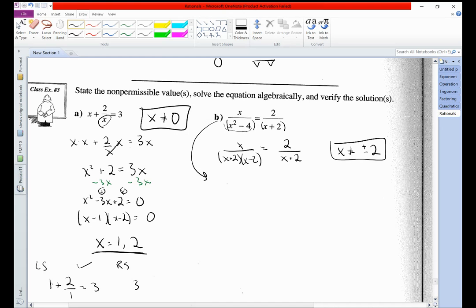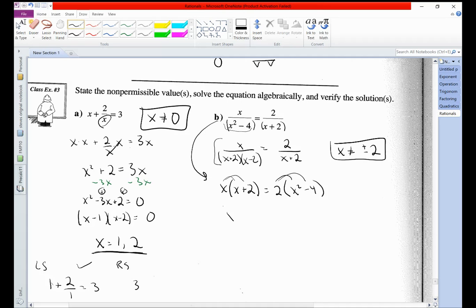So I'm going to say x multiplied by x plus 2 is equal to 2 multiplied by x squared minus 4. So basically this step right here, I just factored so that I could make sure I had all of my non-permissible values labeled. Now I can multiply that x through and multiply that 2 through.